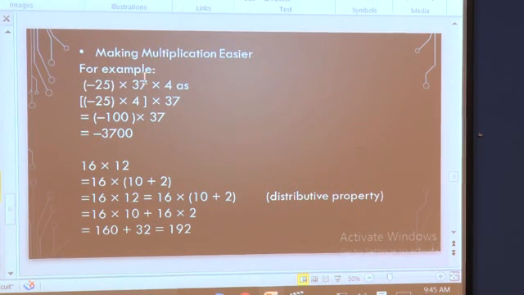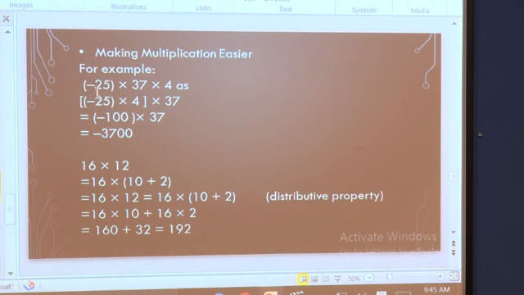For example, for making a multiplication very easy, here we have integers as well as whole numbers multiplication. What can we do in the multiplication? We can change the place for multiplication as well as for addition, so the product of multiplication will remain the same.